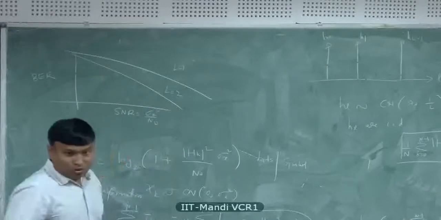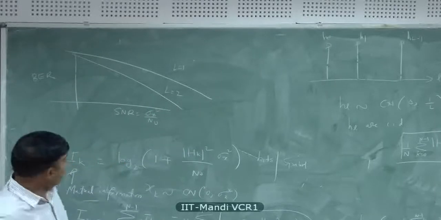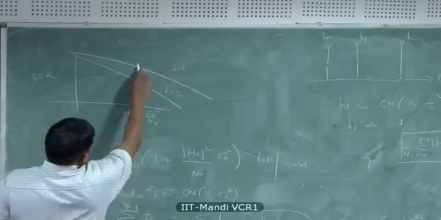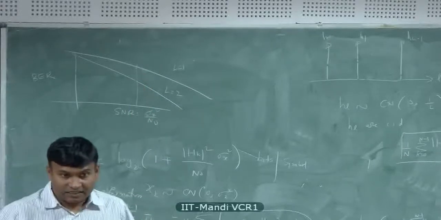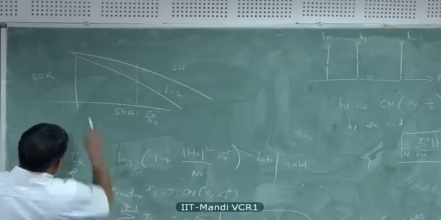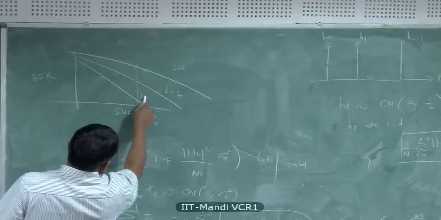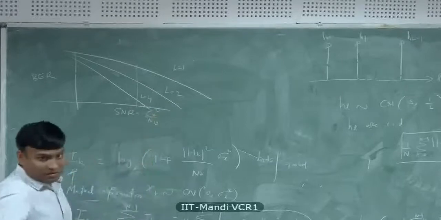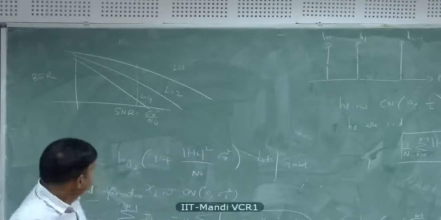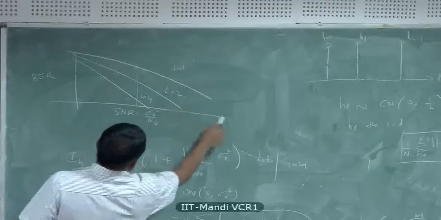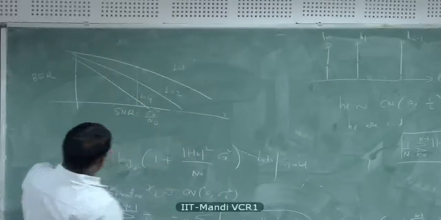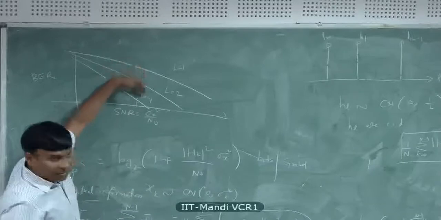If you have L equal to 2, diversity order 2, the bit error rate decreases and the slope of the error rate curve is 2. If L equal to 4, so this is called the diversity gain because the bit error rate is decreasing.